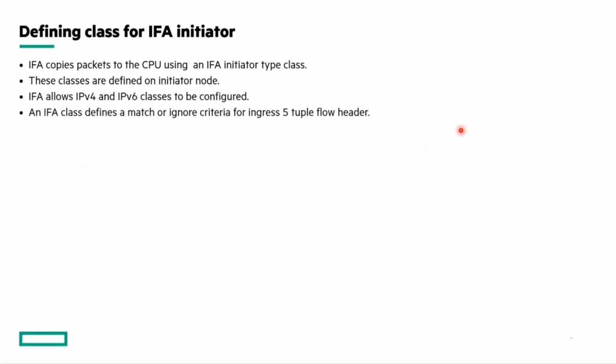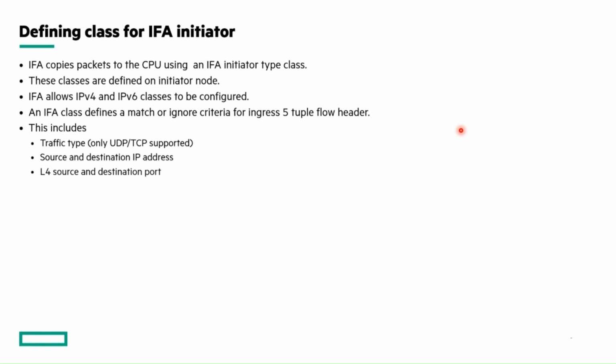An IFA class defines a match or ignore criteria for your ingress 5-tuple flow headers. This will include your traffic type, which can be UDP or TCP, because only UDP and TCP are supported for IFA, your source and destination IP address, and your L4 source and destination port. Based on these criteria, you will define a class for your IPv6 or IPv4 traffic.